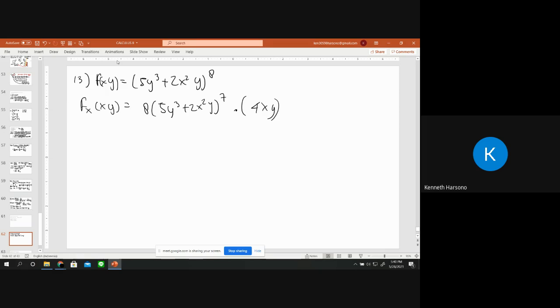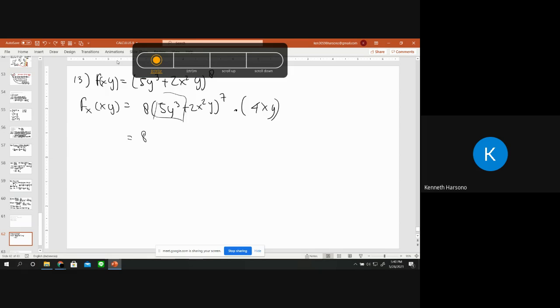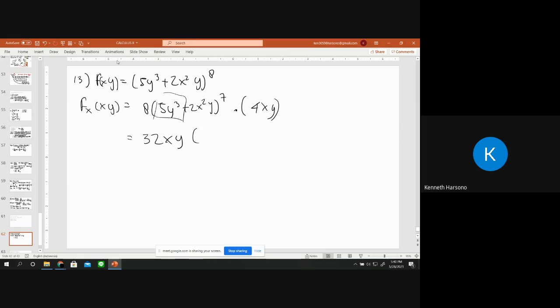I think you forgot about the 5y power of 3 here. Let's see. So it's 32 x1. Should be like this, right?